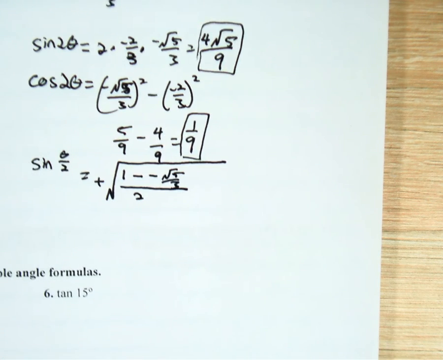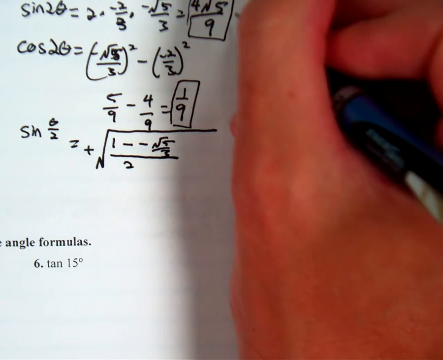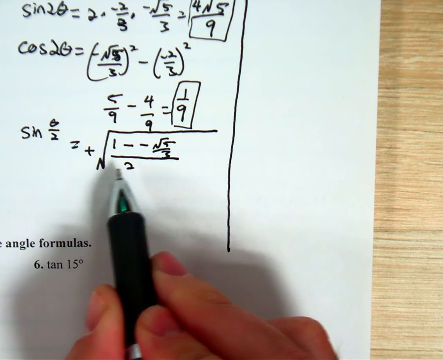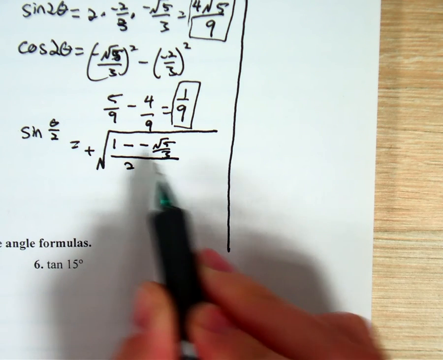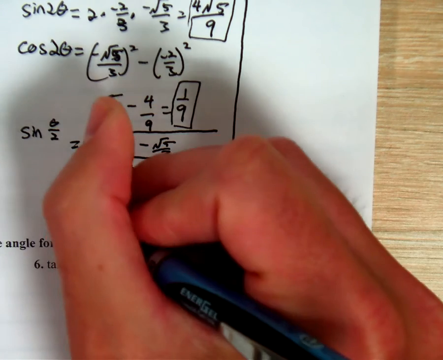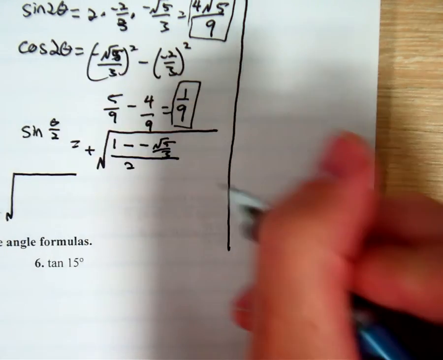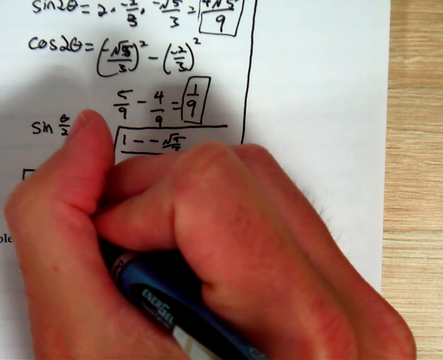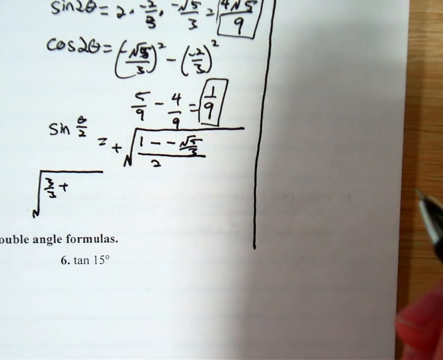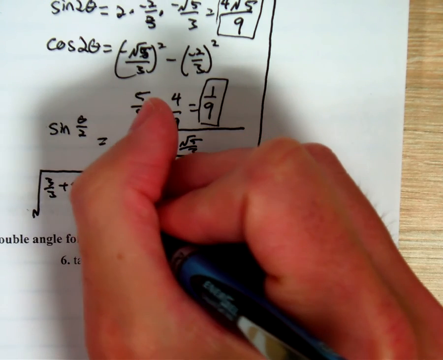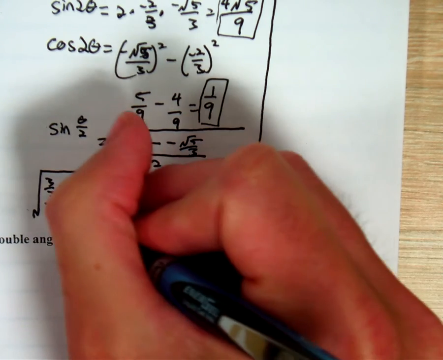Okay. Let's make a little wall this off here. 1 minus negative, so that's going to be a plus on the next line. We got an over 3, so I'm going to make this be 3 over 3 plus radical 5 over 3 over 2.